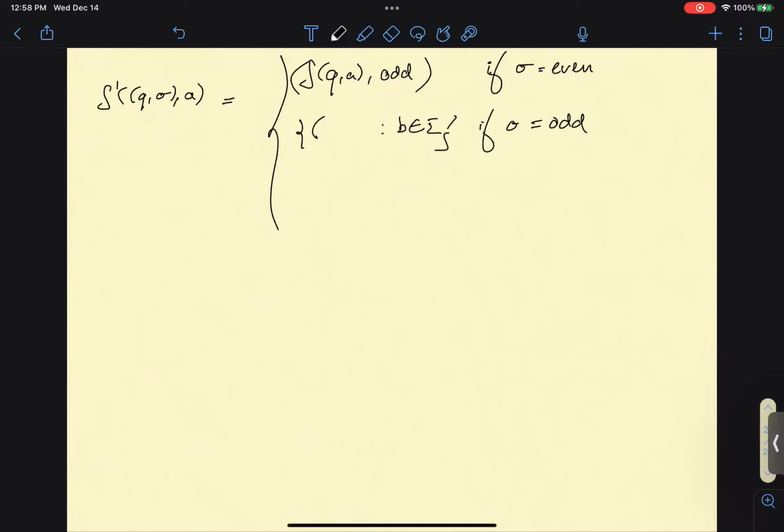And then otherwise I don't go anywhere. Oh, and the only other thing is that I have to make sure that B is equal to epsilon, because I don't want to read anything if I'm in the even state.